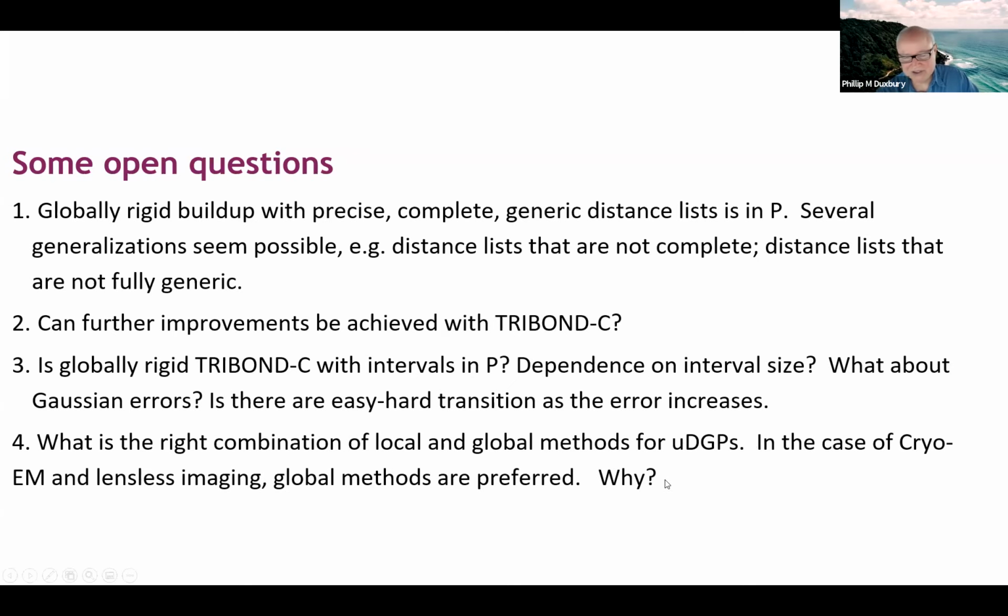And those three methods all have nice, provable properties. Is there a way that we can combine that knowledge with what we're doing in distance geometry to build systems that have the advantages of both? So these are all things that are on my mind, and if you have any thoughts, it'd be great to hear them. Thanks for your patience and for listening.